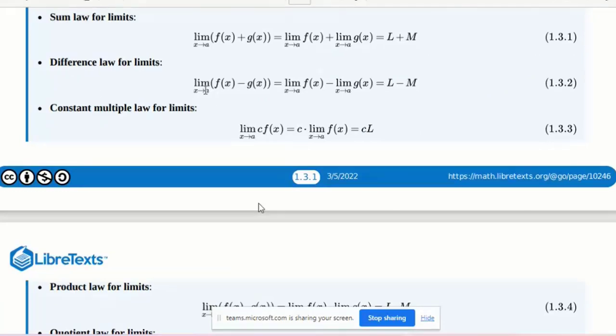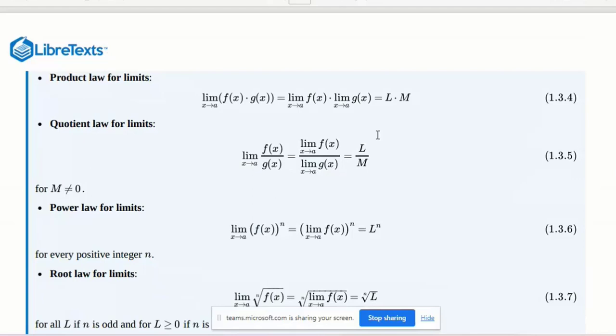The limit of f of x minus g of x is equal to L minus M, exactly as in your study guide. Constant: the limit of a constant times f of x as x approaches a is the constant times the limit of f of x as x approaches a.